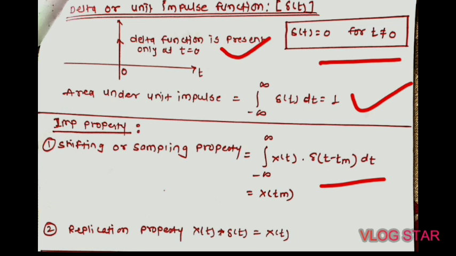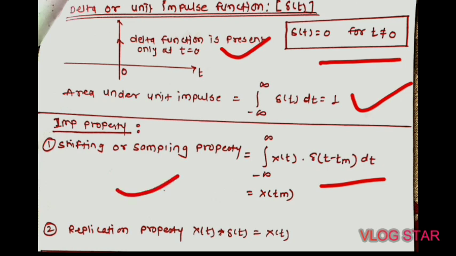This result indicates that the area under the product of a function with an impulse is always equal to the value of that function at the instant where the unit impulse is located. This property is also known as the sampling property.